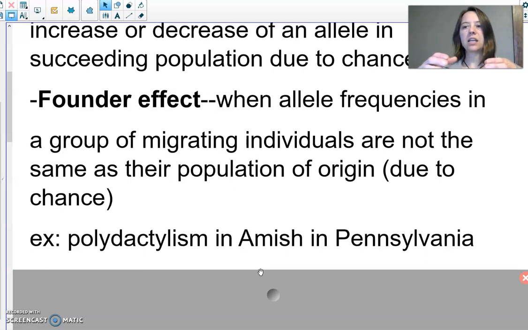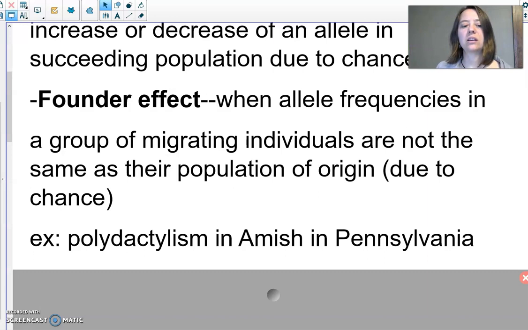The Amish population is more isolated than the rest of the US population. So the frequency of that gene in the population is higher than in the rest of the population. It's not due to inbreeding, that's not what it is. That population has a higher percentage of polydactylism than the outside population because it was just chance that one of the guys who came over from Europe to start an Amish settlement had the gene for polydactylism.